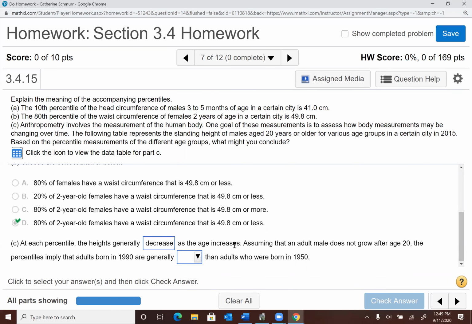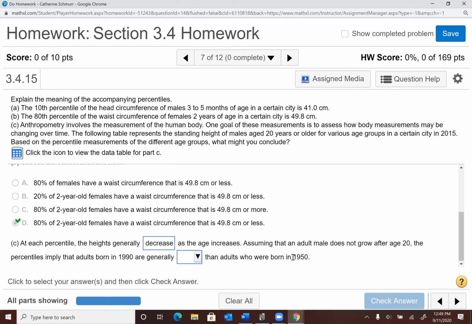As the age increases. So assuming that an adult male does not grow after age 20, the percentiles imply that adults born in 1990 are generally what than adults who were born in 1950.